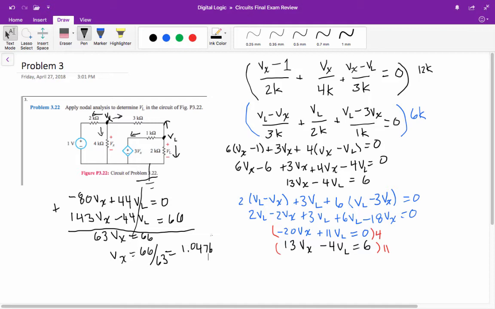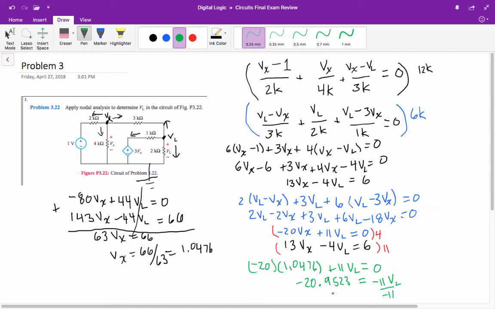So the problem asked us to find VL, and so of course I managed to find the other one first, so now I have to plug back in to get the correct one, VL. So I can choose either of these two equations. I'll just choose the top one and I'll plug in for Vx and then we'll find VL. So we'll have minus 20 times 1.0476 plus 11VL equals 0, or minus 20.9523, bring the 11VL to the other side, equals minus 11VL.